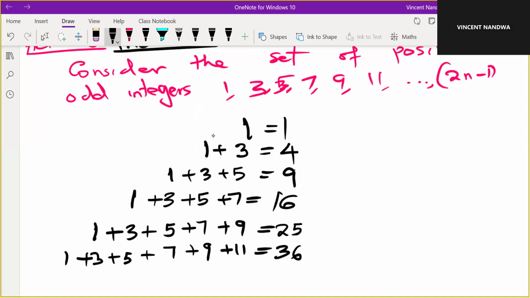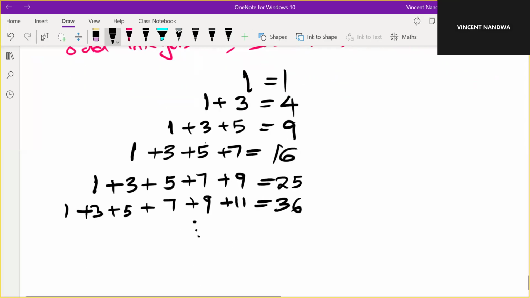And we can actually extend the same up to 1 plus 3 plus 5 plus 7 all the way up to plus 2n minus 1. So these are the sum of the first n positive odd integers. So to know the answer to the sum of the first n odd positive integers, we can actually give a guess from the previous result of some of the first terms.